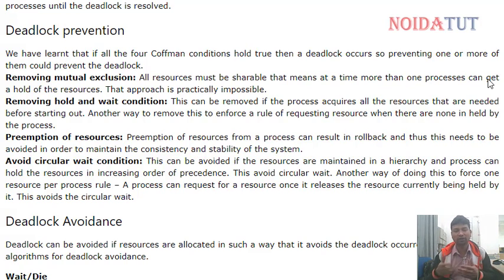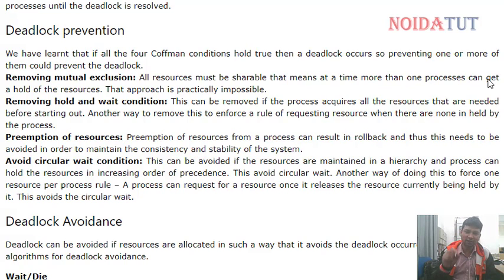Avoid the circular wait condition. This can be avoided if the resources are maintained in a hierarchy and a process can hold the resources in increasing order of precedence. This avoids circular wait. Another way of doing this is to force a one resource per process rule.